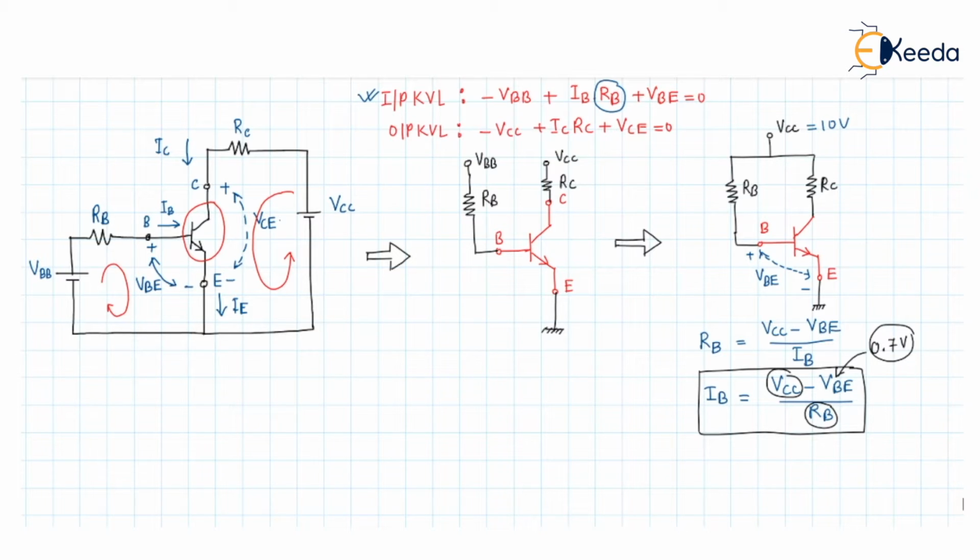So VBE value is 0.7. So we can say from this equation that the base current will also be fixed for this circuit configuration.